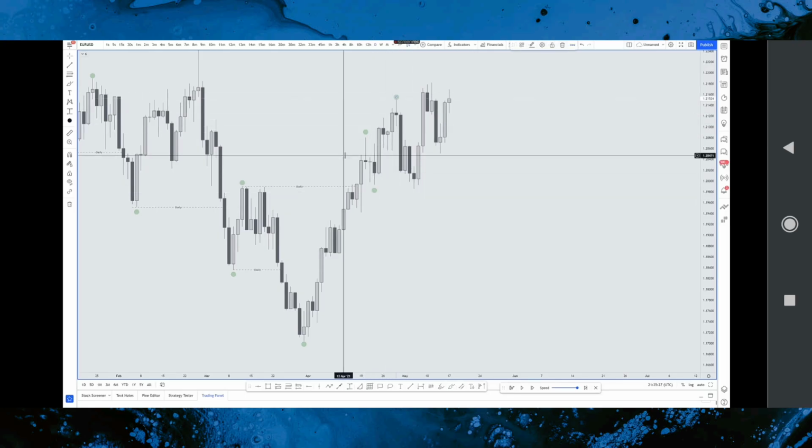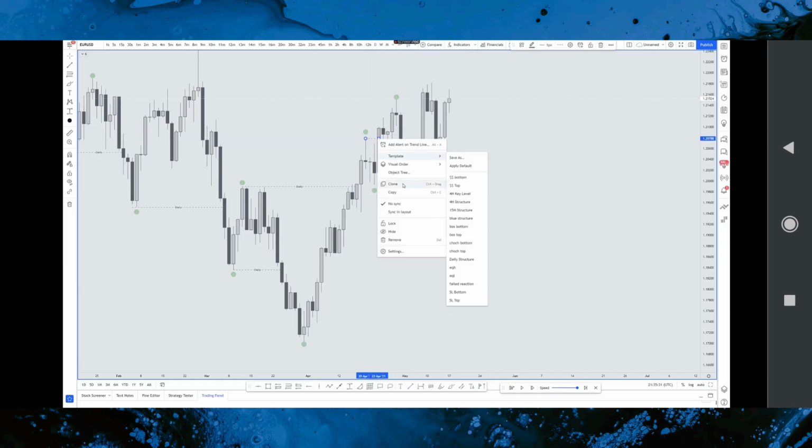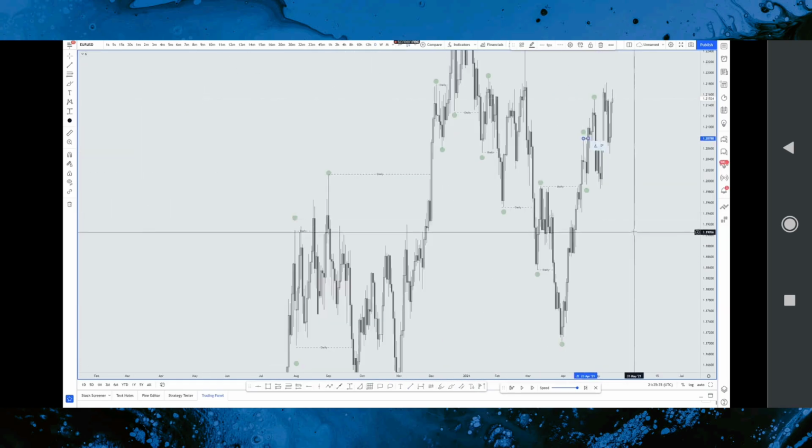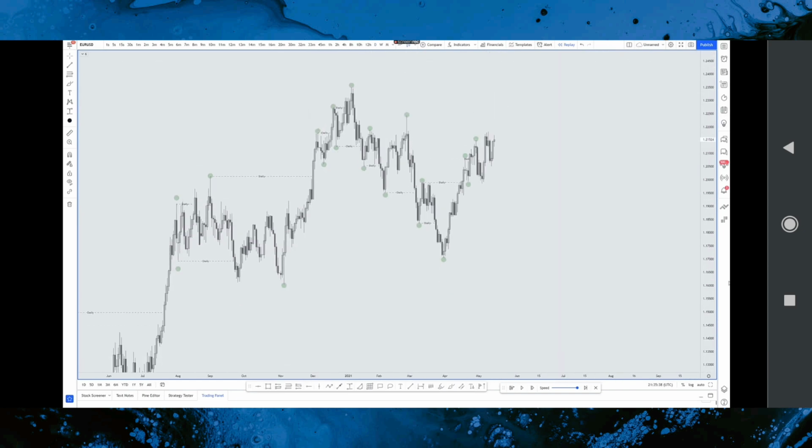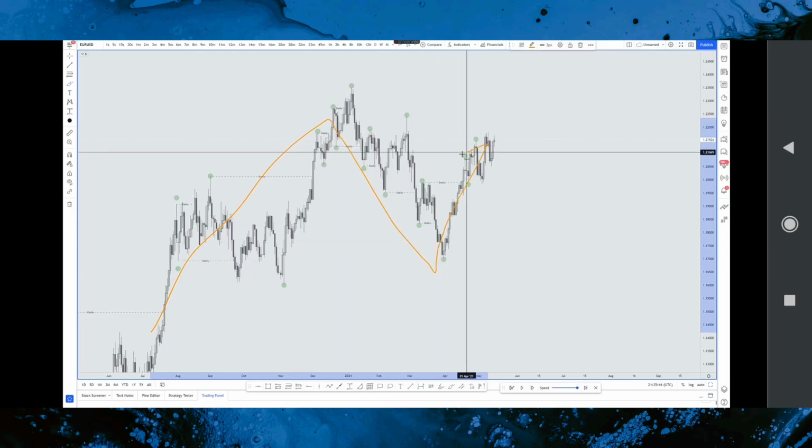So here we have a new high once this high is taken with a candle body. So just so everyone can kind of see what's going on here, we had an impulse up, we have an impulse down, and now we're in another impulse up.